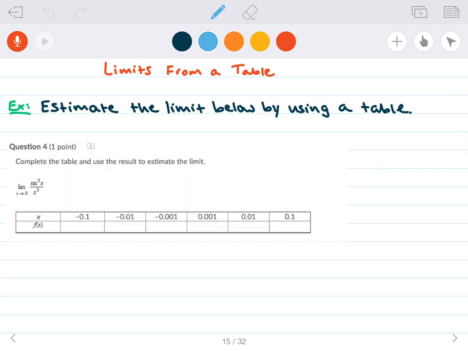All right, let's do another example. This time we have a trig function, sine to the third of x over x to the third. So I'm going to do the same thing, and this time I have different x values because I want to see what y is approaching as x approaches 0.